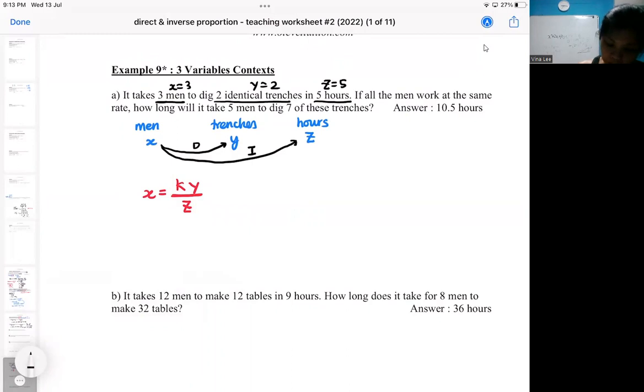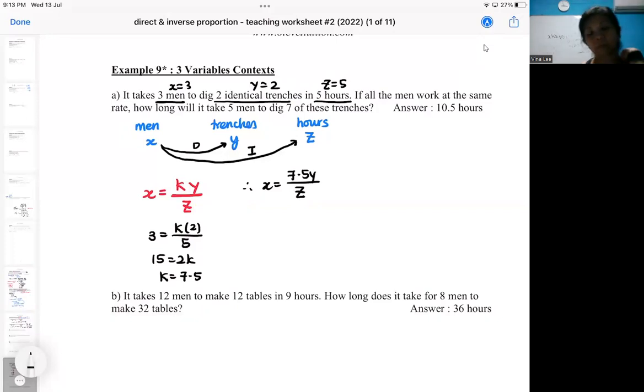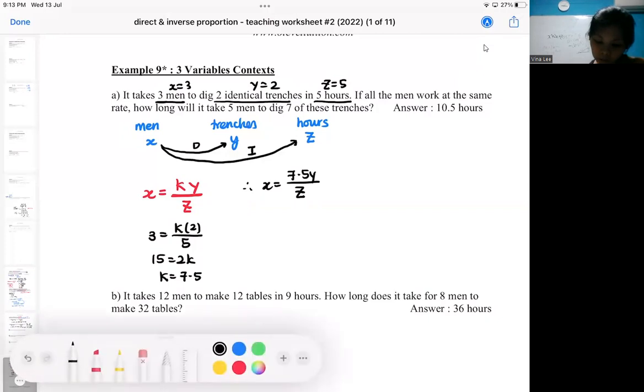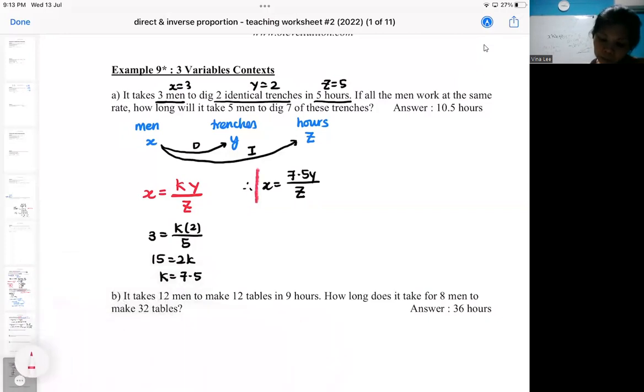You put in your XYZ accordingly, and you do your cross multiplication, and you will get a relationship. This relationship can answer any question that they want to ask. So once you have found your K, this will be a useful relationship.